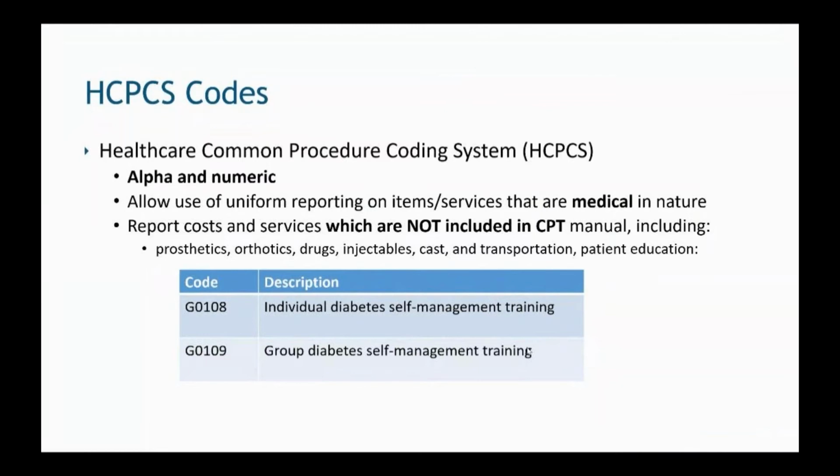They're used to code prosthetics, orthotics, drugs, injectables, casts, transportation, and patient education. And this is what I'm involved with as a diabetes educator. G0108 is individual diabetes self-management training, and G0109 is group diabetes self-management training.